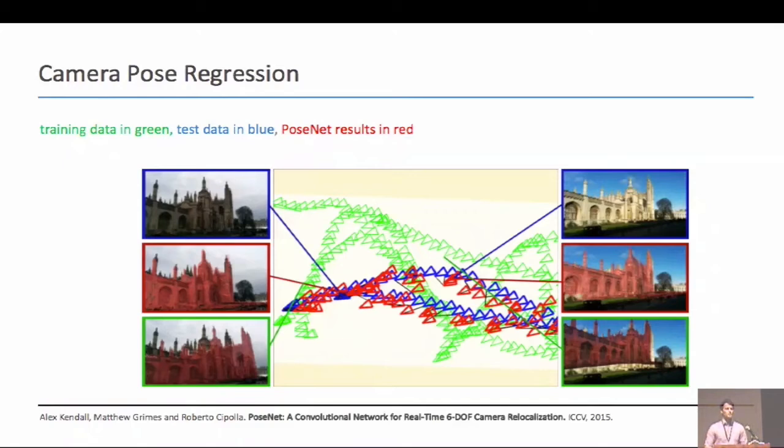Now in red is showing the results from PoseNet, and one of the exciting things I thought when I first saw these results was that it's able to actually regress a somewhat smooth pose manifold. So it's not simply learning a classification result. It's not taking a query image and trying to find the nearest neighbor in the training images, but it's able to interpolate successfully and learn a manifold which is somewhat smooth.